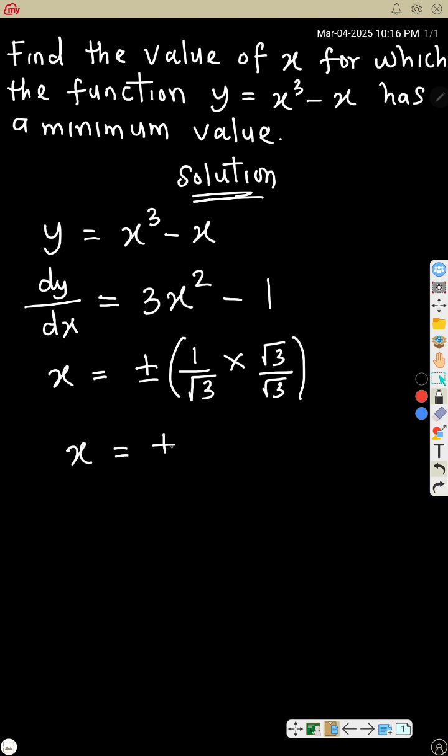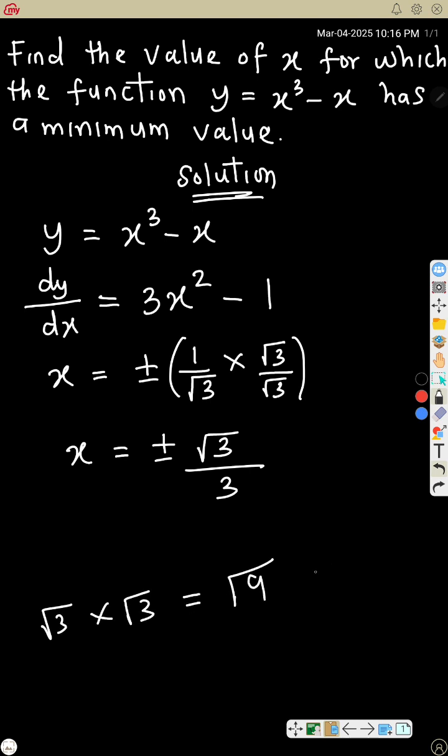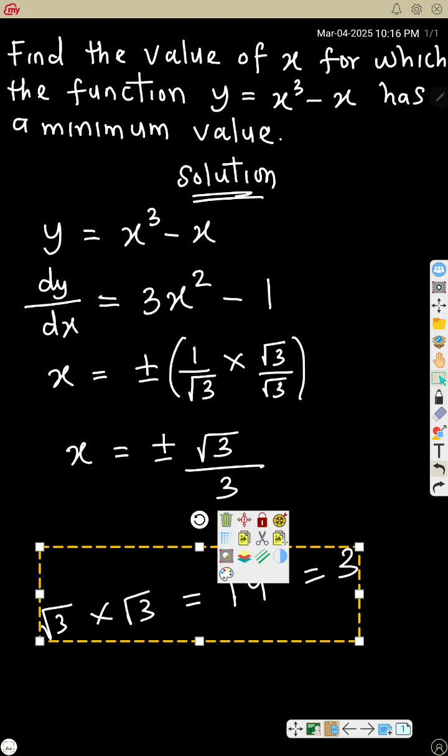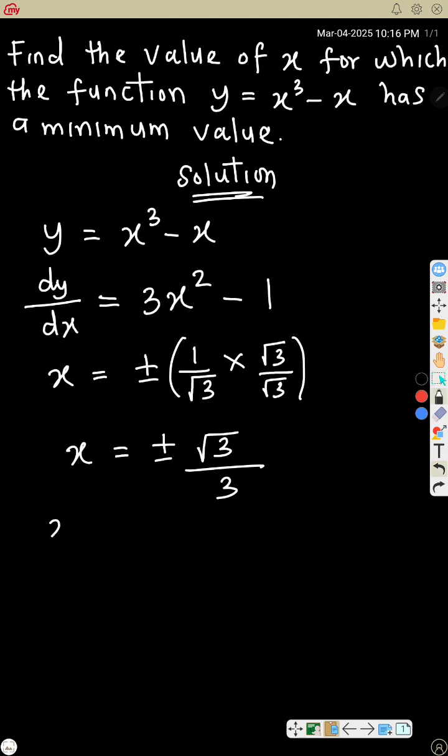So x equals plus or minus 1 times root 3, that is root 3 over root 3 times root 3. That is root 9, and that is 3. Root 3 times root 3 is equal to root 9. What is root 9? 3. So the x value is equal to plus root 3 over 3 or minus root 3 over 3.